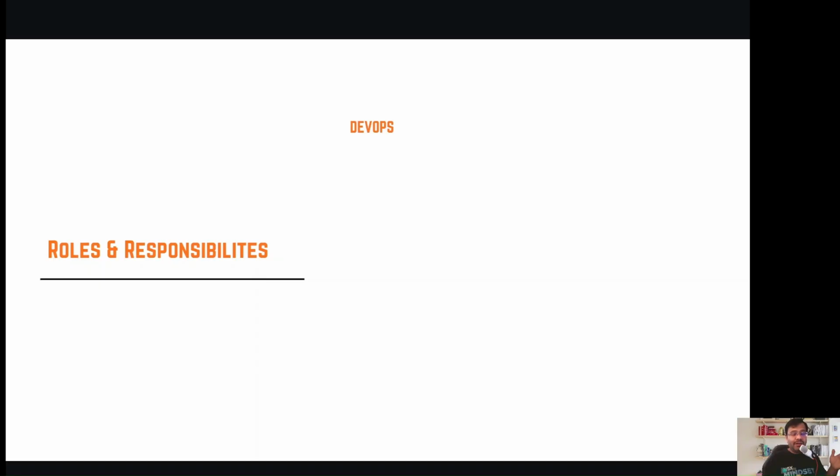What is the role and responsibility of a DevOps engineer? Let's understand. Their main responsibility is to deliver the features and the fixes quickly, and automate and implement the CI/CD pipelines.